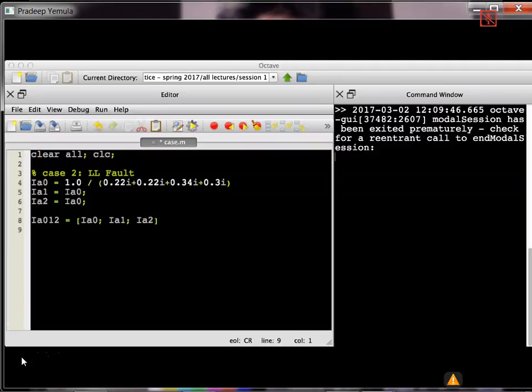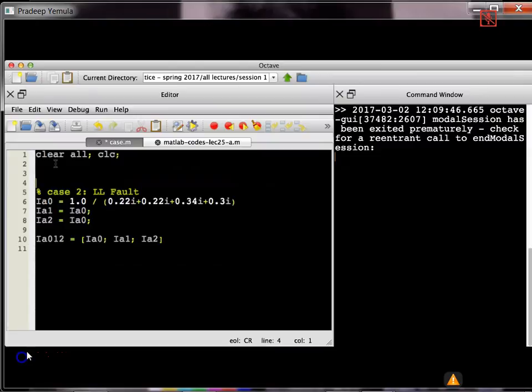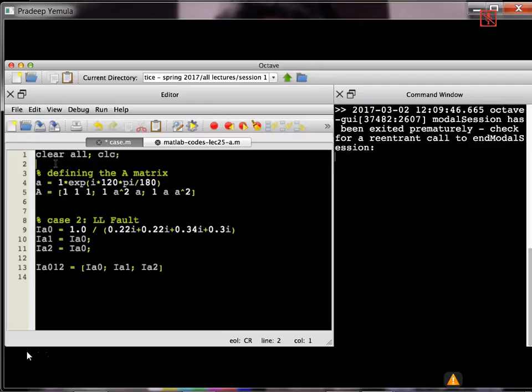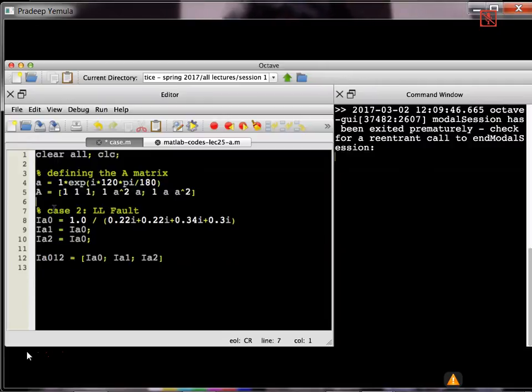So let me copy the code from the previous lecture. So IABC is nothing but the A matrix multiplied by IA012.